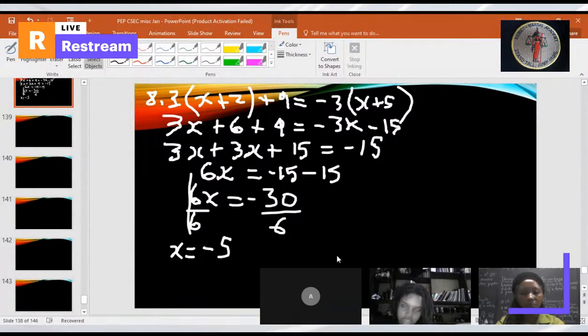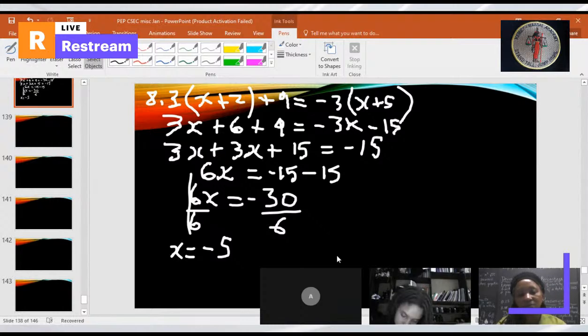In the first bracket, since we're substituting negative 5, it's going to be negative 5 plus 2, which is negative 3, and it's going to be negative 3 times 3, which is negative 9.